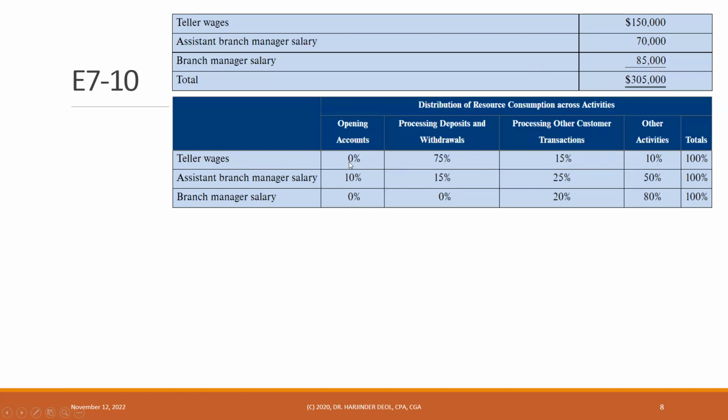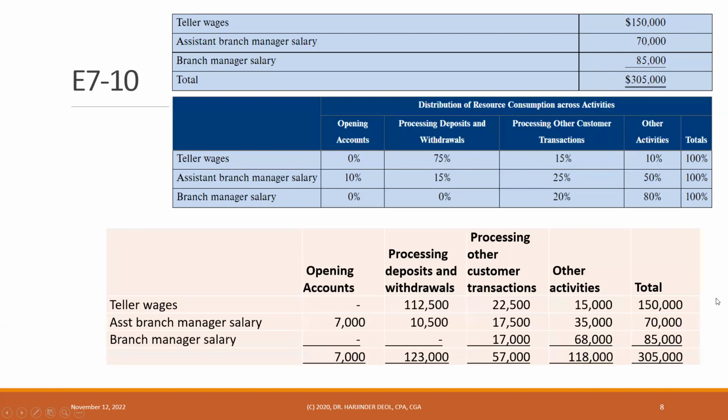So opening accounts is 0% for teller wages, but 10% of the assistant branch manager's salary. So under opening accounts, we would take 10% of 70,000. For processing deposits and withdrawals, 75% of that cost relates to teller wages. So multiply 75% by 150,000 and 15% with the assistant branch manager's salary of 70,000. So on and so forth.